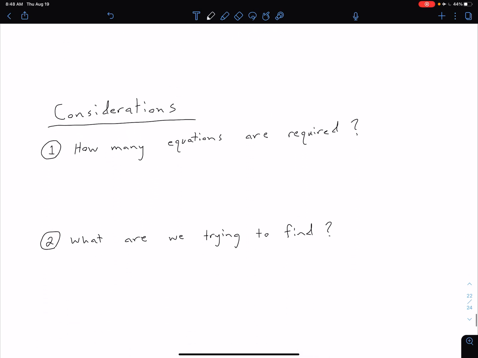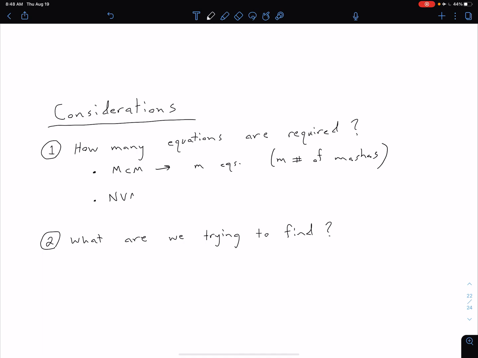The first is how many equations are going to be required for a given circuit using either of the two methods. So if we look at our mesh current method, we know that we have M meshes. We're going to need M equations, where again, let me just be explicit, M is our number of meshes.